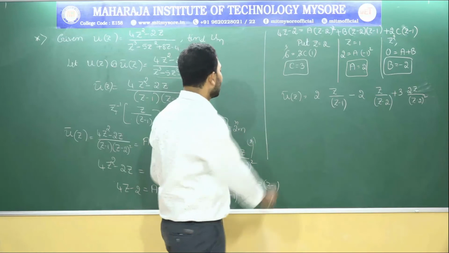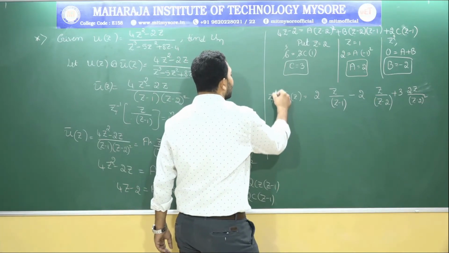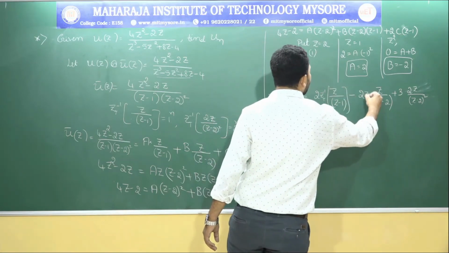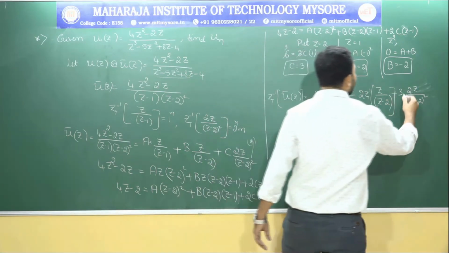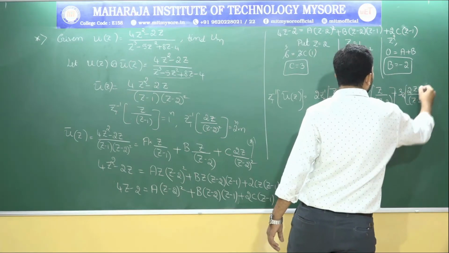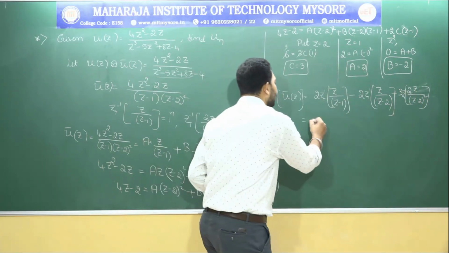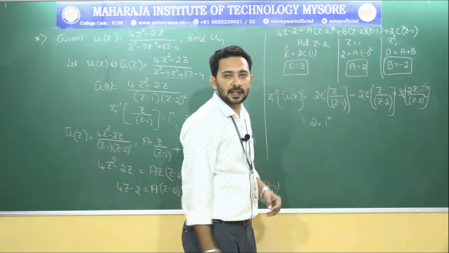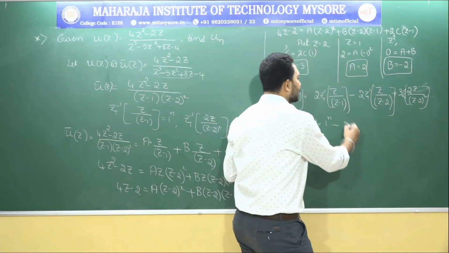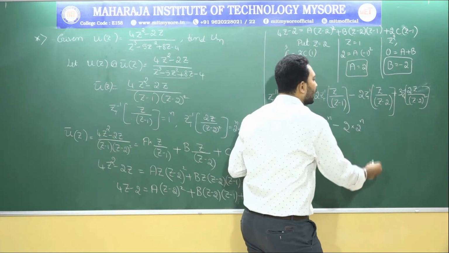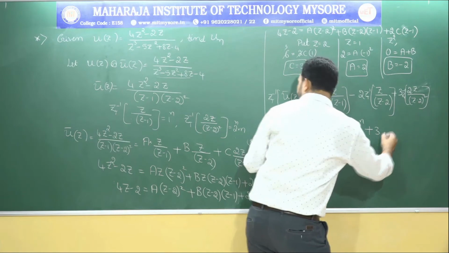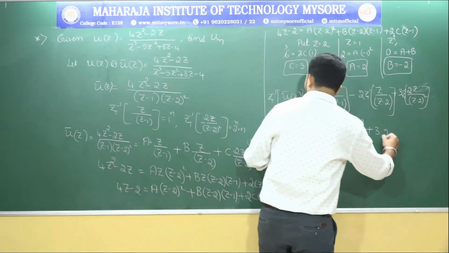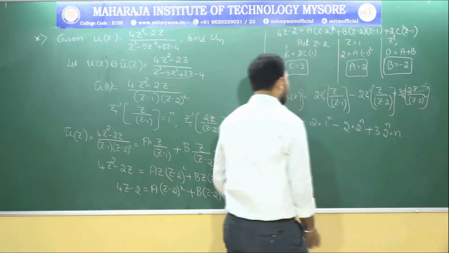So if we take inverse here, we'll get z inverse of 2 into z divided by z minus 1, which is 1, minus 2 into it is 2 power n, plus 3 into z inverse of 2z divided by (z minus 2) whole square, which is 2 power n into n.